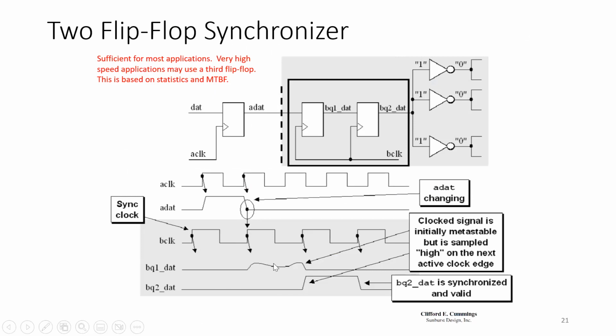I have the first one metastable, but upon the second B clock, BQ2 should reach a very stable state and reflect A data, but on its own clock. So one solution for metastability is having 2 D flip-flops cascaded. We call it synchronizing.